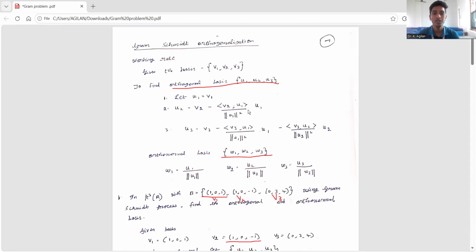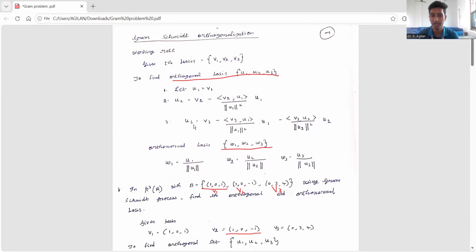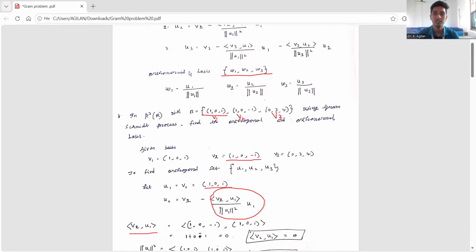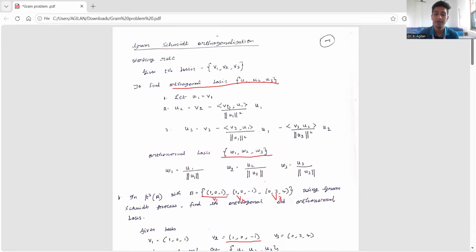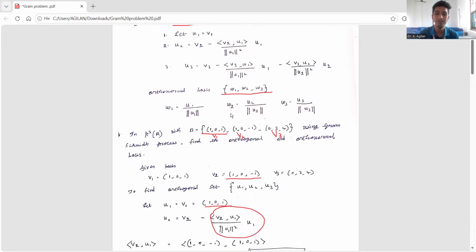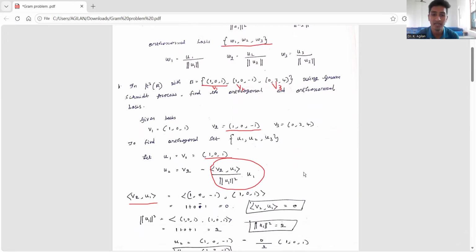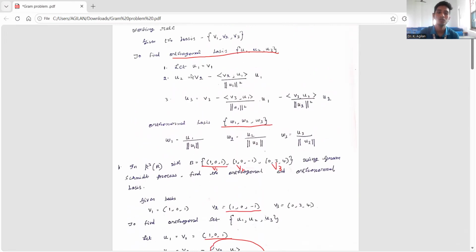So from V1, V2, V3 we can find U1, U2, U3 with the help of the formulas. The inner product of these two terms is a simple operation: substitute the two vectors, multiply the corresponding values, and then we get our inner product of V2, V1.